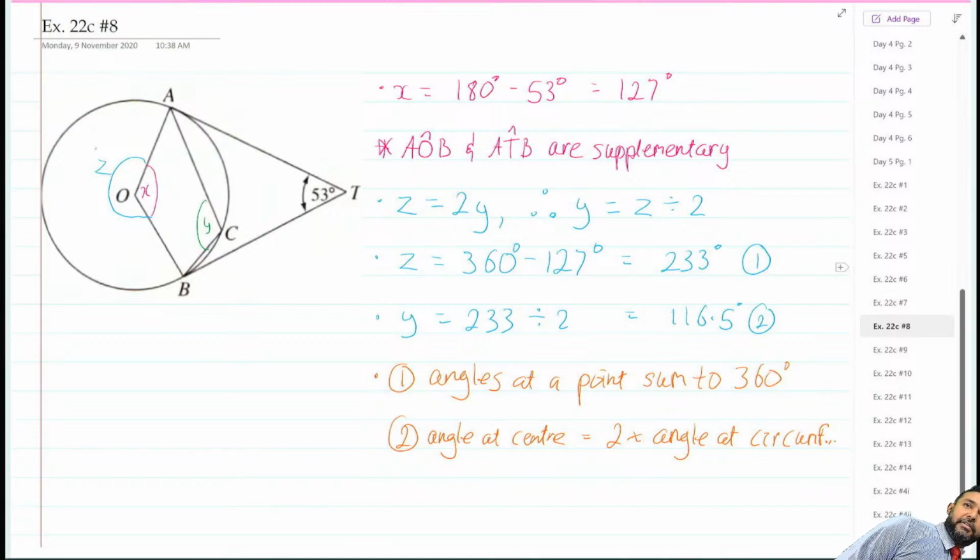Oh, you finally got the scissors? Hey, princess, what vibes? Doing some circle geometry. Test your mind. Test your brain. All right.